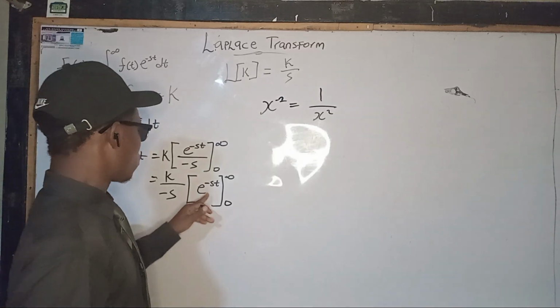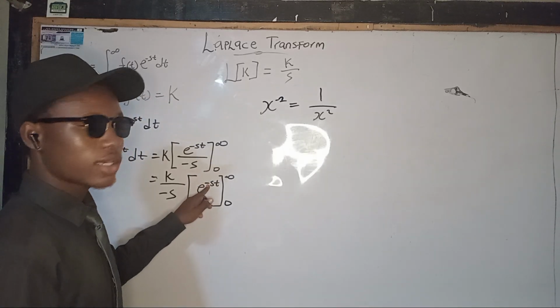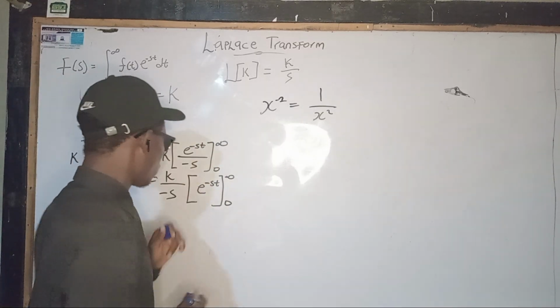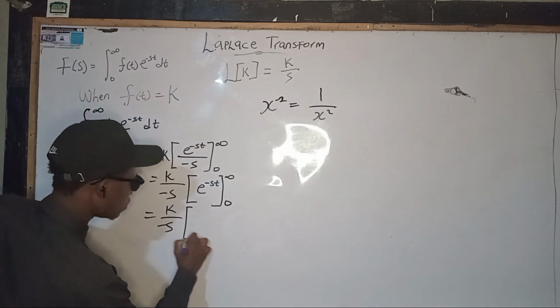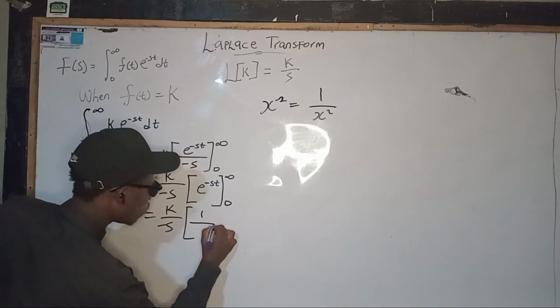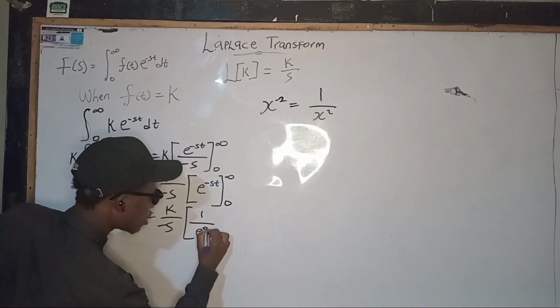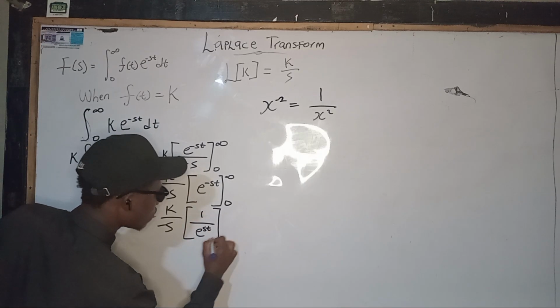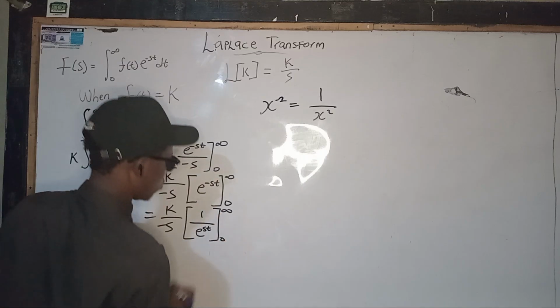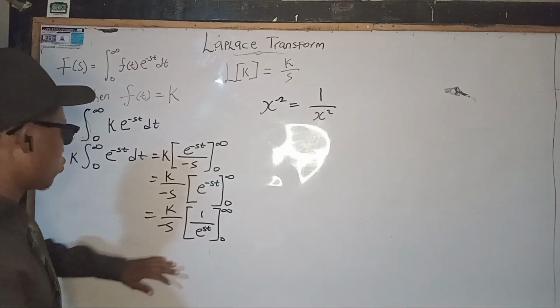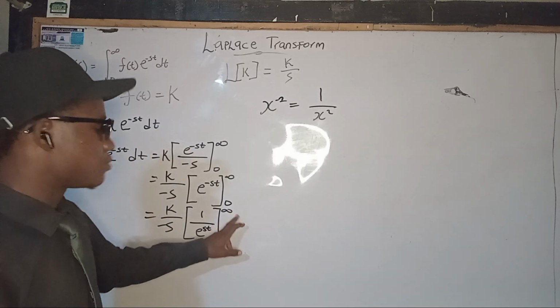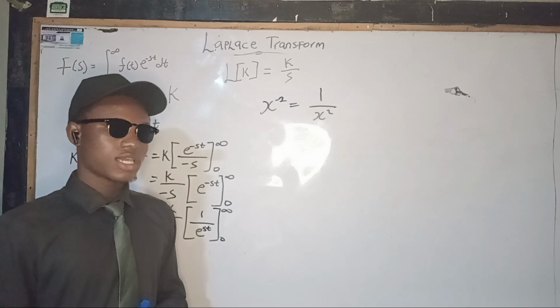So that way, this negative here can also mean that it is 1 over. We will have this as k over minus s, and in our bracket, 1 over e raised to power st from infinity to 0. Now we have broken it down to the point whereby we can start inputting our values of infinity and 0.